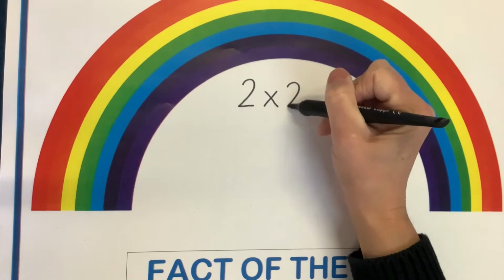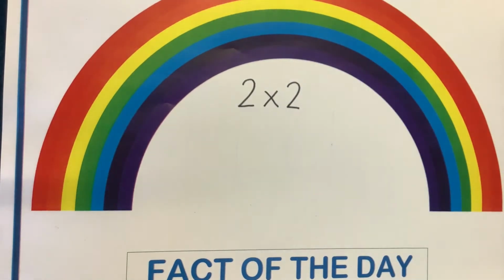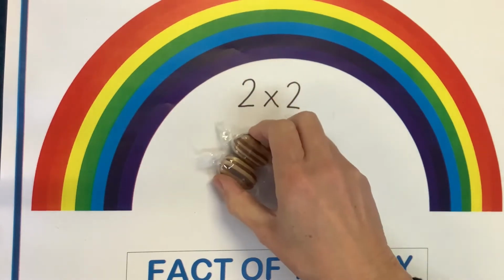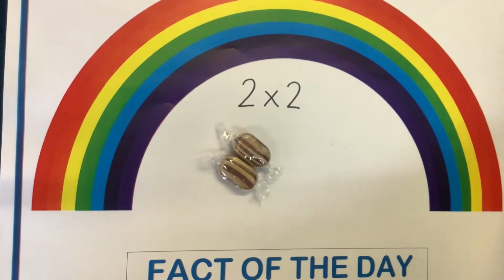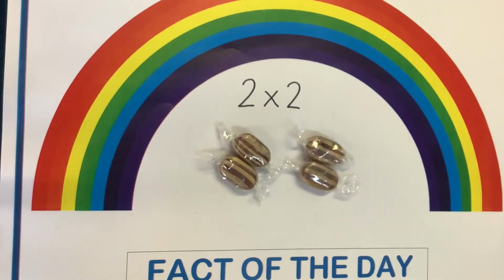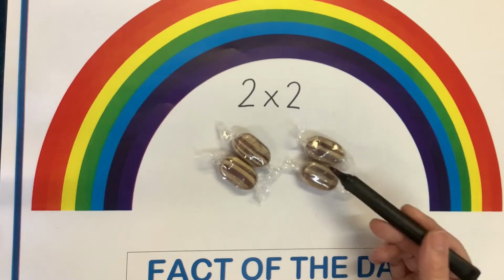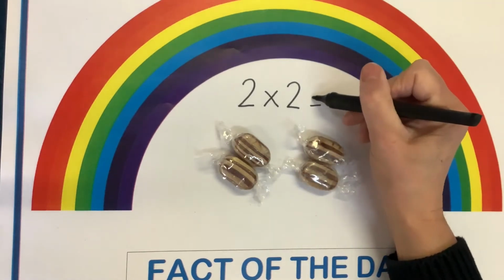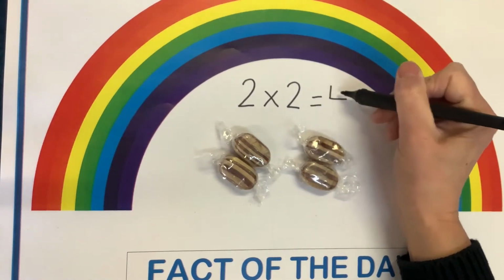2 times 2. So going back to my example with the sweets, 2 times 2. There's one group of 2, but I want to get a group of 2 two times. So I've got 2 lots of 2. So altogether, 2 times 2 equals 4.